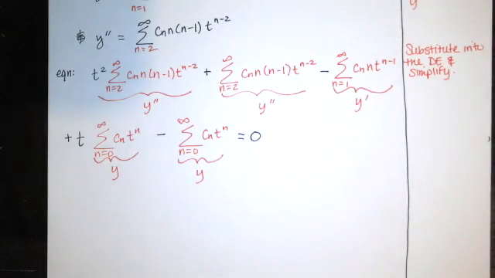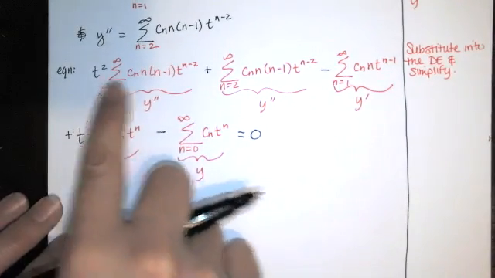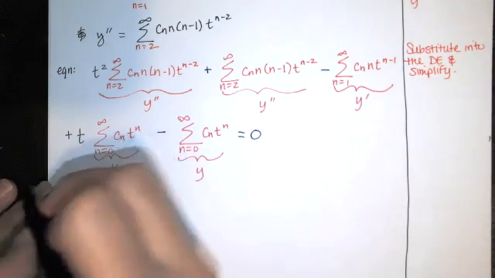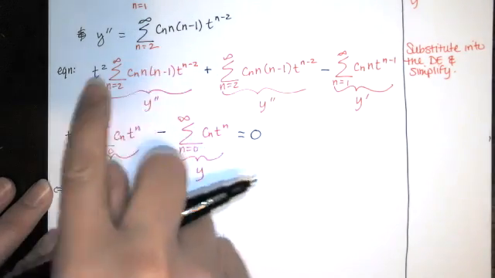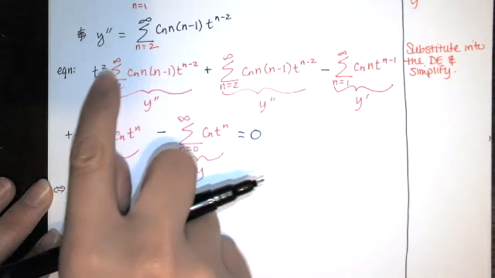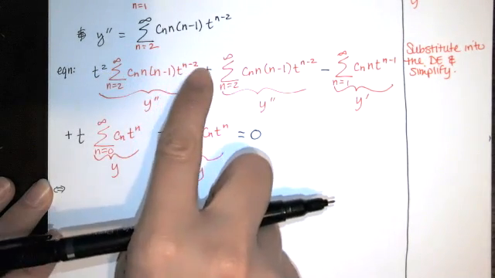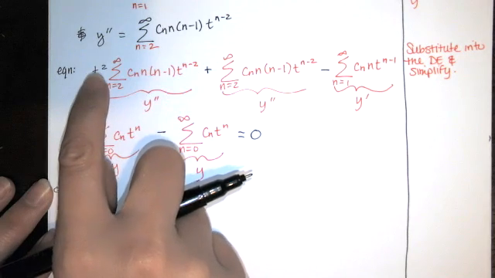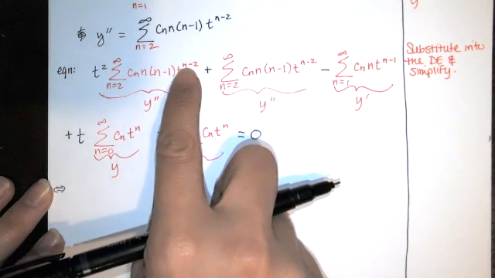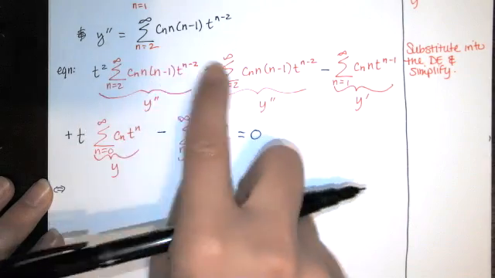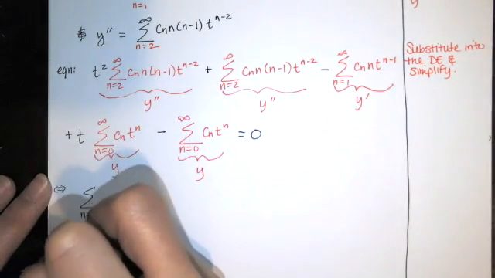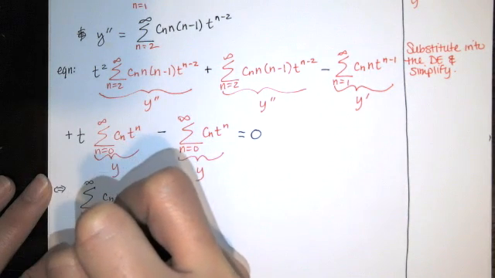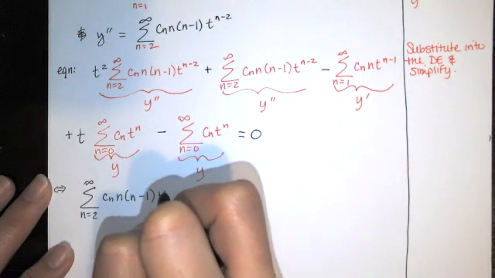So the first thing I would do is I would distribute that t squared into this series and that t into this series. Multiplying every term here by t squared just results in adding 2 to that exponent. Just using our exponent properties, t to the second times t to the n minus 2 is t to the 2 plus n minus 2. So that's going to be a t to the n after you're done. You leave everything else alone.